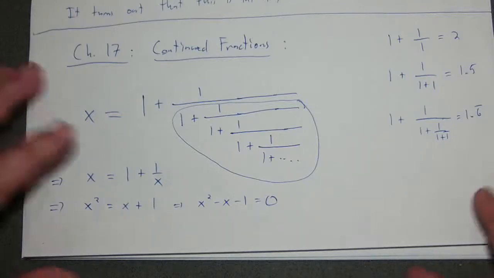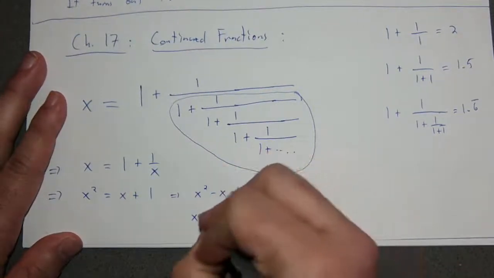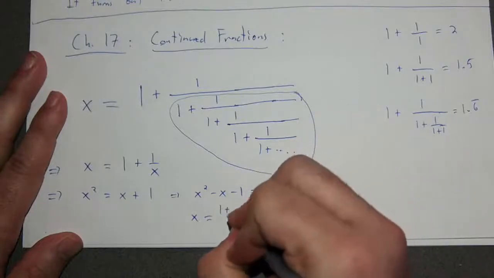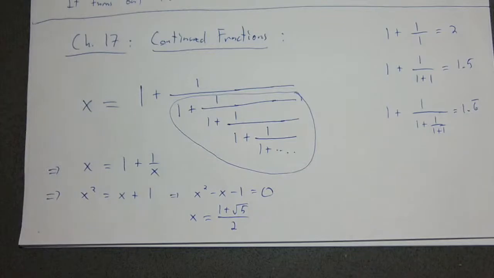Okay, but then what is this? I get two roots here, and I'm just going to look at one of them. It's this thing. So this is the golden ratio. This is phi.